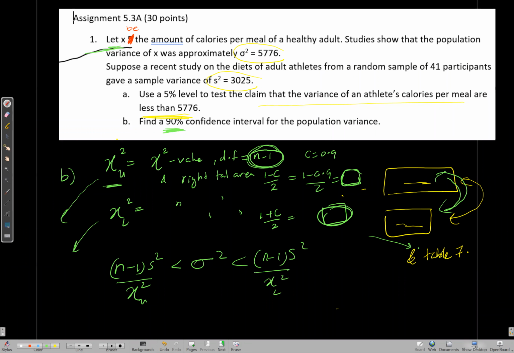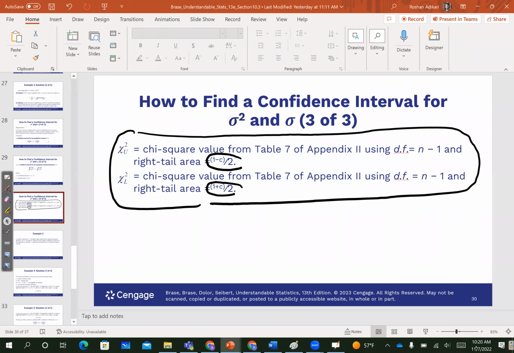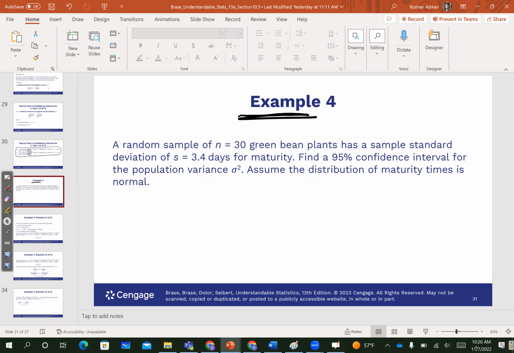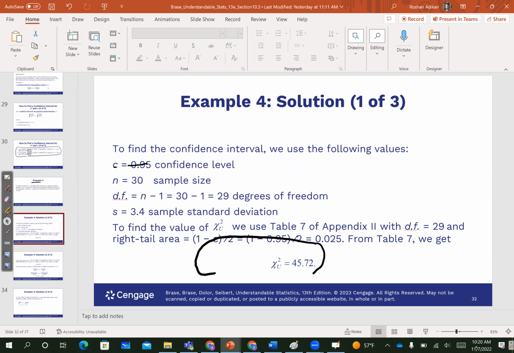Now let me show you in this one. See, this example number 4, please read that and understand it before you do 5.1b. So here, it's not 95%, it's 0.95, and the sample size n is 30, so this is 29, and then you find chi u using table 7 and this value, you get this one, right?